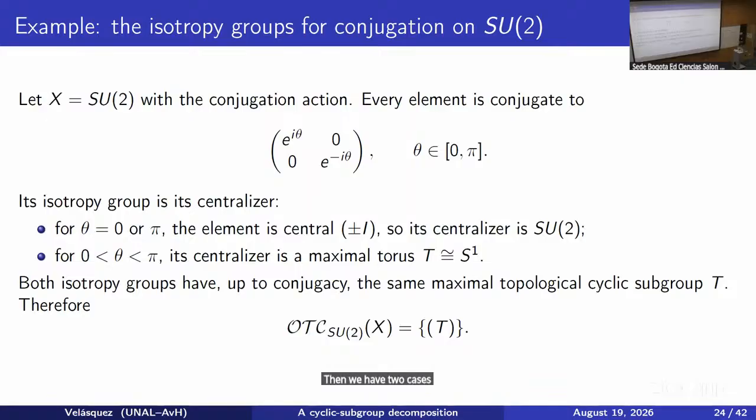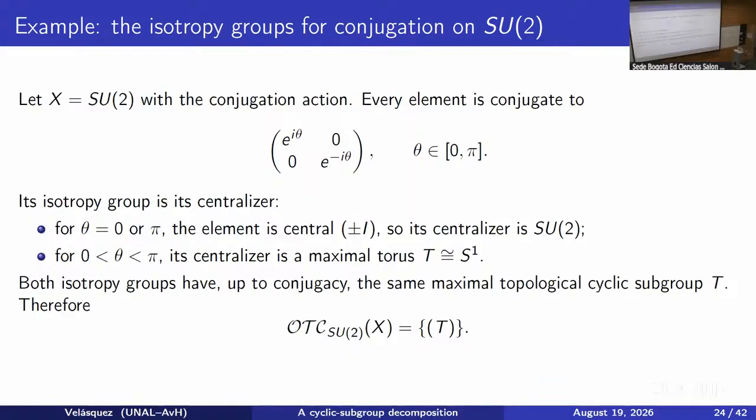If the angle is 0 or pi, the element is central, so the centralizer is everything. If the angle is between 0 and pi, its centralizer is the corresponding maximal torus, a maximal torus of rank 1.